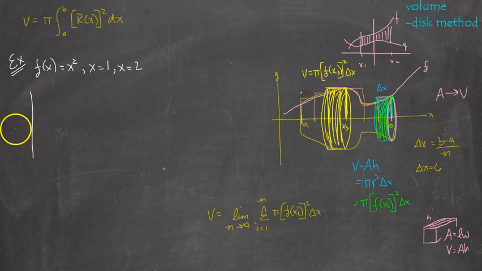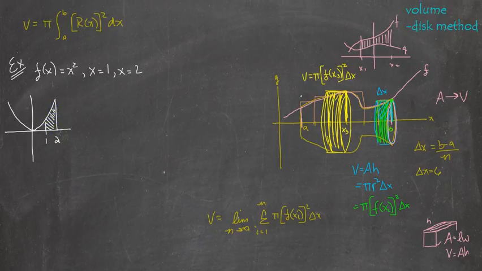So let's draw a picture of it really quick. We know that the function f of x equals x squared is just a parabola in standard position, and we want to take the area between x equals 1 and x equals 2 and rotate that around the x-axis.